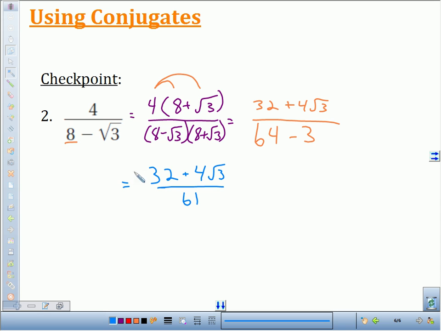Now 61, let's see, what factors does 61 have? What do you think? Well, if you were me, you would think, oh, it doesn't look like it has much of any. And you would be right. This can't be simplified any further. So this is our final answer, 32 plus 4 times the square root of 3 over 61.